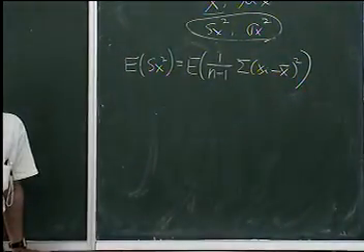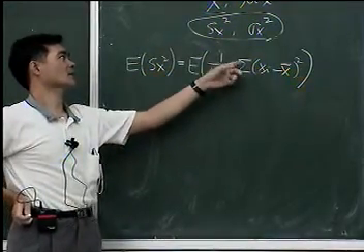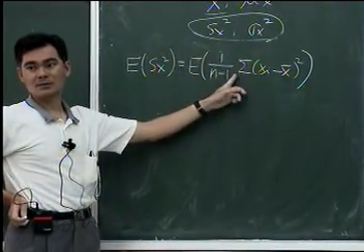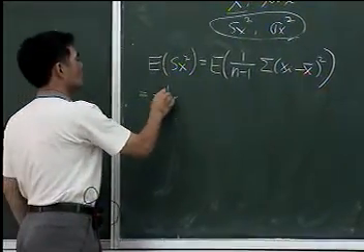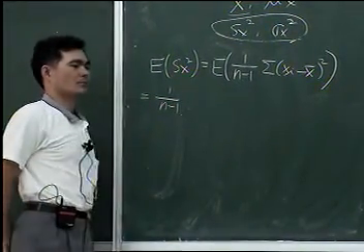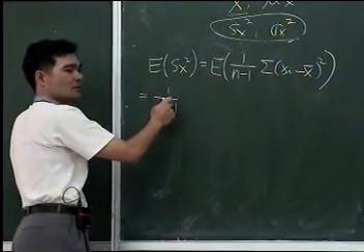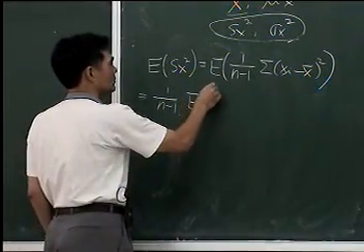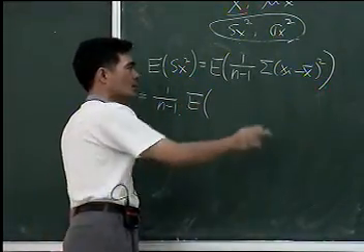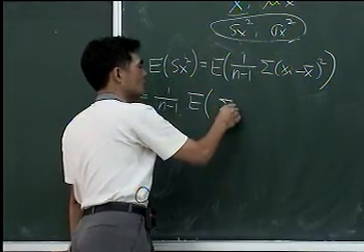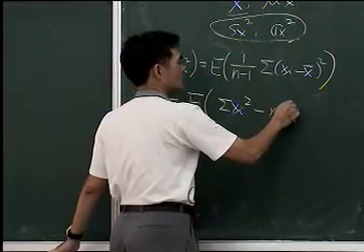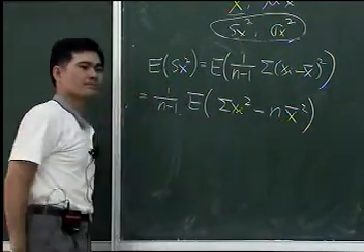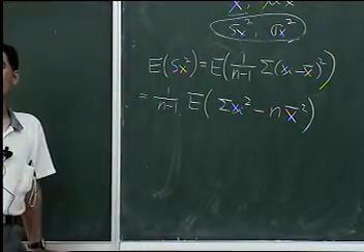Any questions so far? Because this is exactly this, right? This one is equal to that one. And so we get 1 over n minus 1 out. And the expectation, do you remember? As a matter of fact, this is equal to the summation of xi squared minus n x bar squared, right? Is that right?